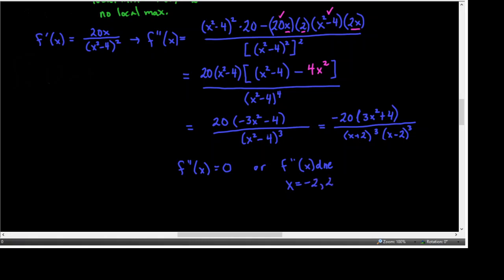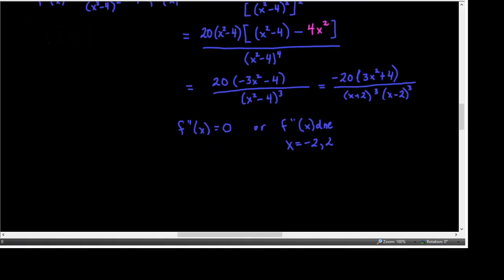So those are places that make the second derivative not exist. And the fraction equals 0 when the numerator is 0. So that'll be when negative 20 times 3x squared plus 4 is equal to 0. So you could divide both sides by negative 20.